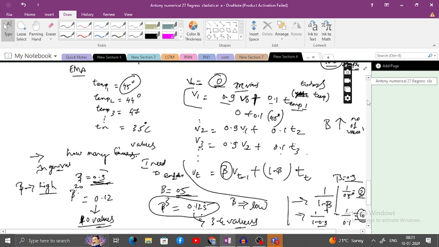So you have to choose an appropriate value of beta when you are going to use this exponential moving average in your optimizers. Exponential moving average is not an optimizer. This concept of exponential moving average is introduced in your deep learning model.